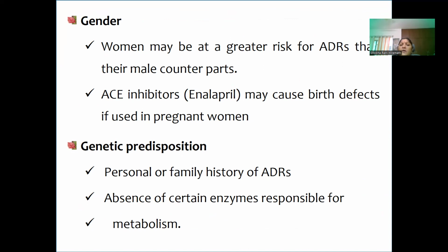Then ACE inhibitors like enalapril may cause birth defects if used in pregnant women. And genetic predisposition also plays a role, because personal or family history of ADR may be one reason. Certain enzymes responsible for metabolism may be absent in some people, which can lead to ADR if this drug is taken.